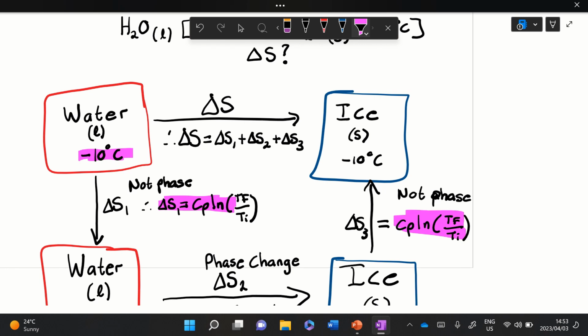Essentially it's because we assume the heat capacity remains constant over that range. There are techniques you can use. You can read in Atkins, for example, how you can vary a heat capacity over a range, but that's a bit outside our scope.